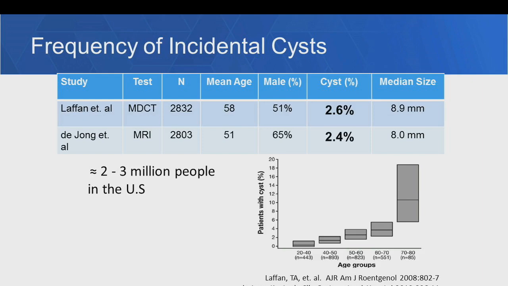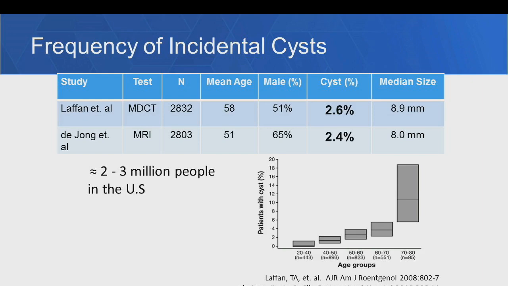And they reported a prevalence of about 2.6% with a median cyst size of 8.9 millimeters. In a very separate study done in Europe, which was an MRI-based study, a similar number of patients, 2,800 healthy individuals, opted to participate in a whole health kind of examination where they got essentially elective MRIs.